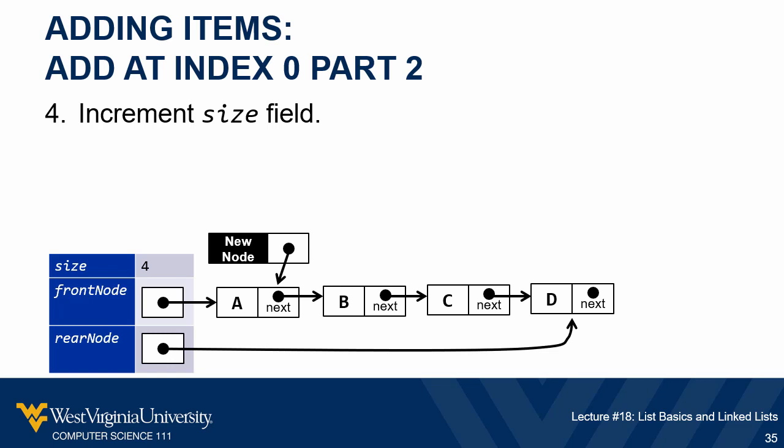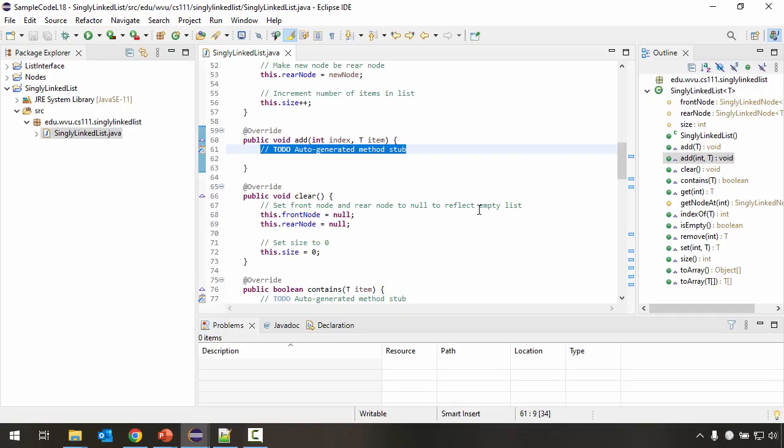Let's go ahead into Eclipse and see how we can implement our version of the add method for inserting at a particular index. The 2-parameter version of add is going to be quite a bit more complicated than the 1-parameter version because we need to handle these different cases of what we need to go and update depending on what the index is.